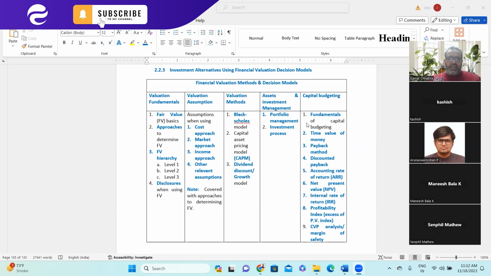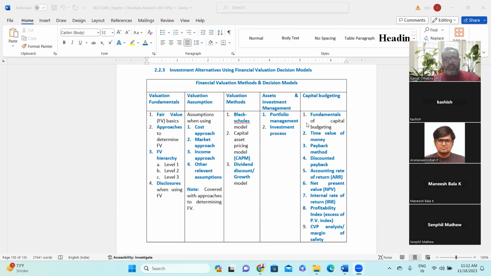For valuation fundamentals, we studied what fair value basics are. Then we discussed approaches to determine fair value, and simultaneously we covered the assumptions when using fair value, which are cost approach, market approach, income approach, and other relevant approaches. Then we discussed fair value hierarchy, level 1, level 2, level 3, and lastly the disclosure part.